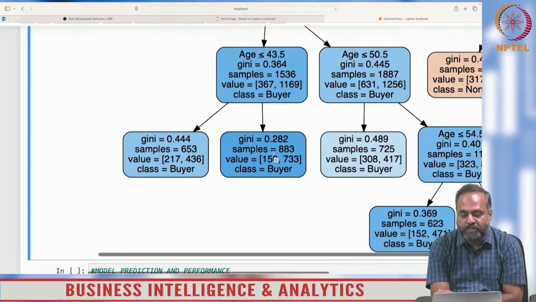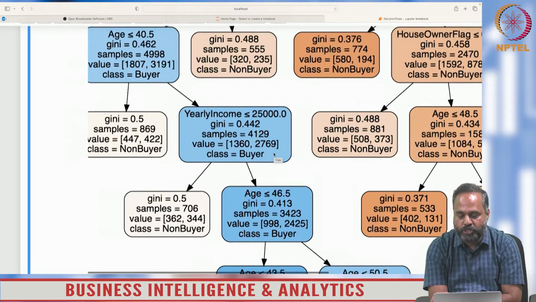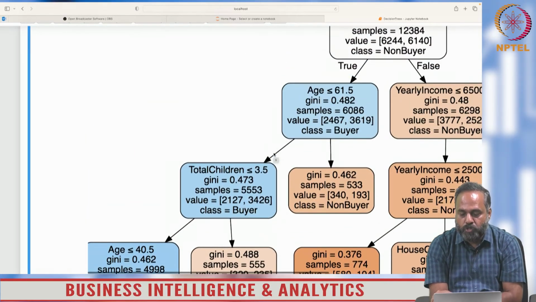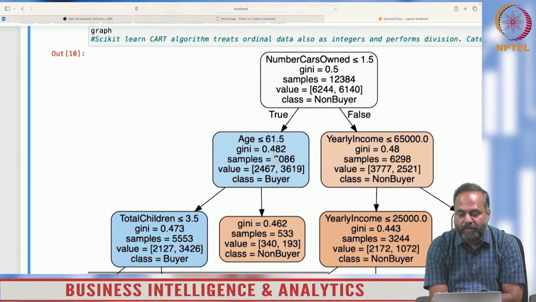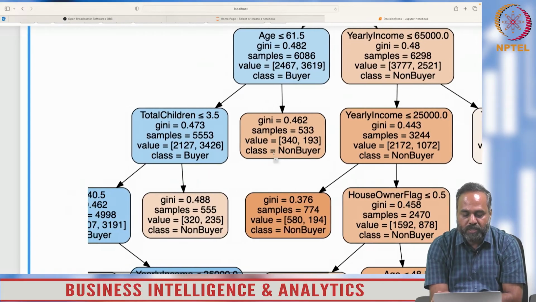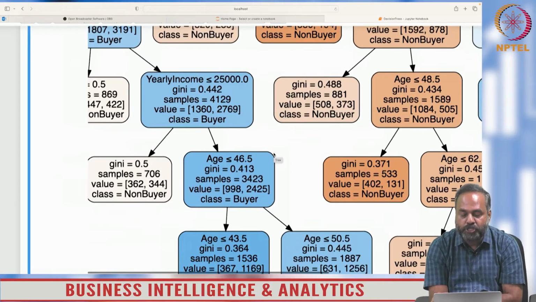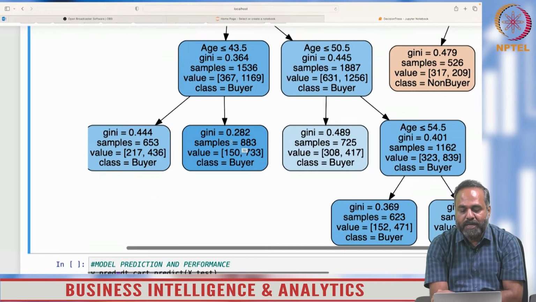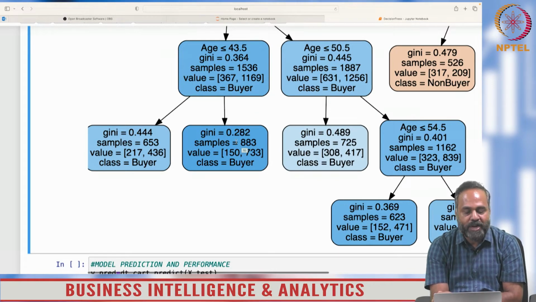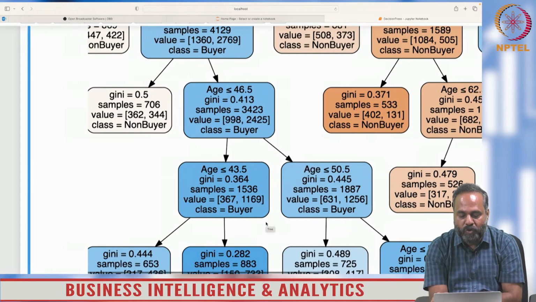The criteria for the split is of course given at the top of each node description. So you can interpret this tree, and if you are given time you will also write what the rules are. For example, what are the rules for the two best leaf nodes? You will look for the lowest Gini score and try to describe the rule. One rule is age is less than or equal to 43.5.